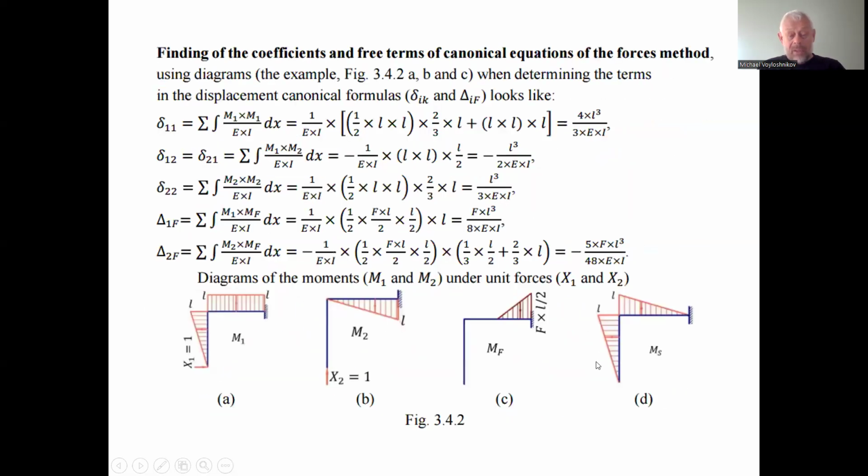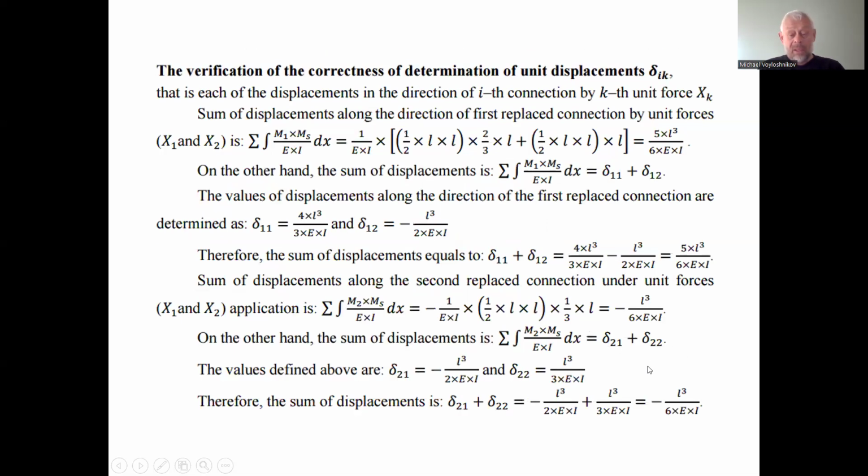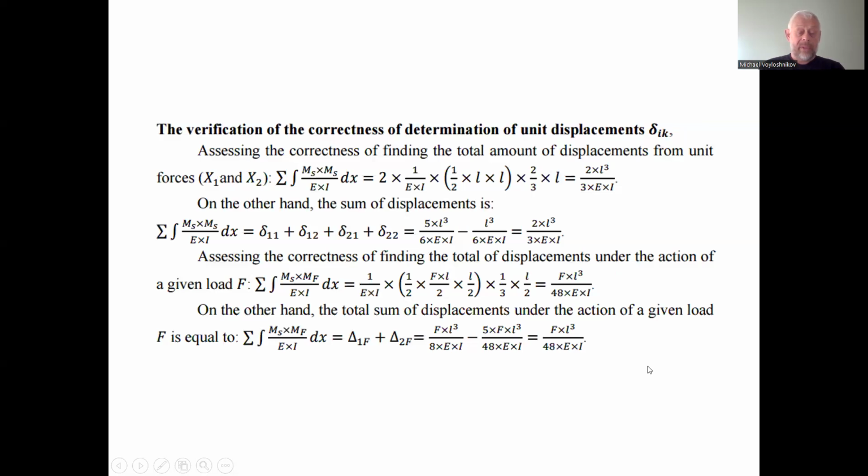To do that, we use only this diagram, which has to be the total of the diagrams of the bending moments in the first and second directions, and we consider that as only one summand, because the other is equal to 0.